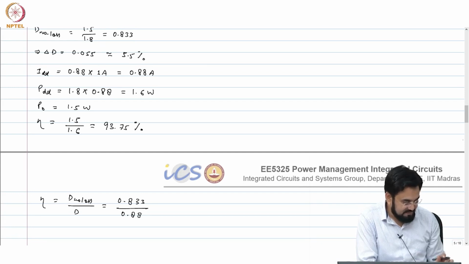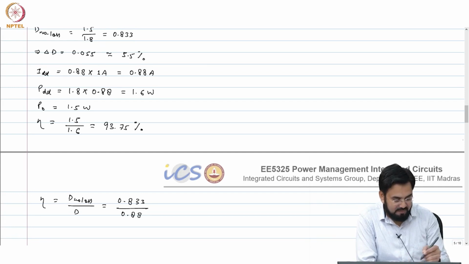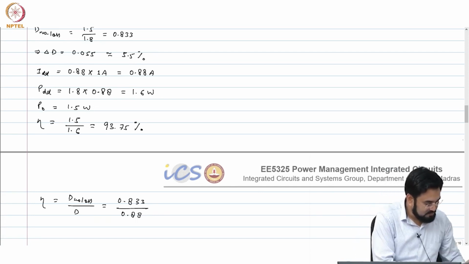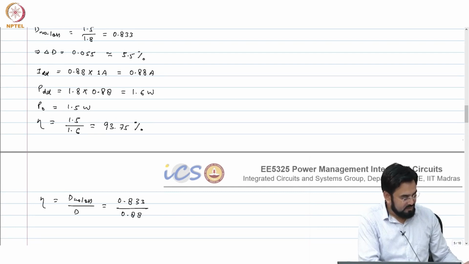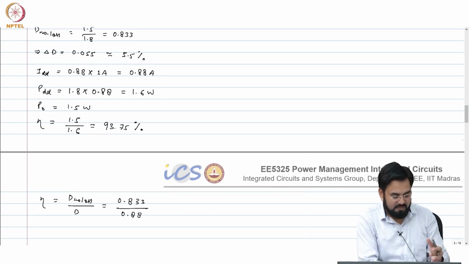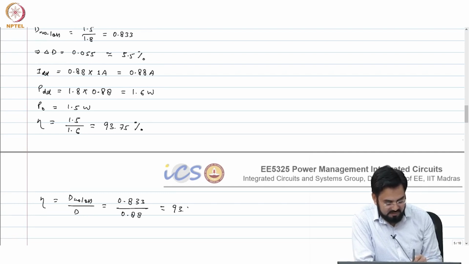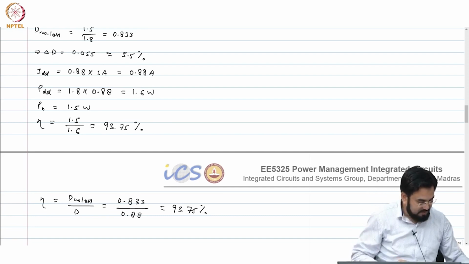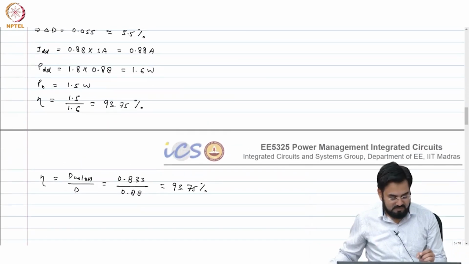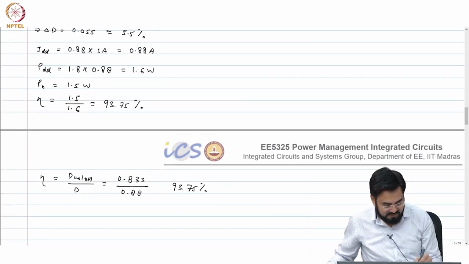No, actually it should be same. So we took approximation there, that's why 93.75%. Okay, point. So I'll just put an approximation here.